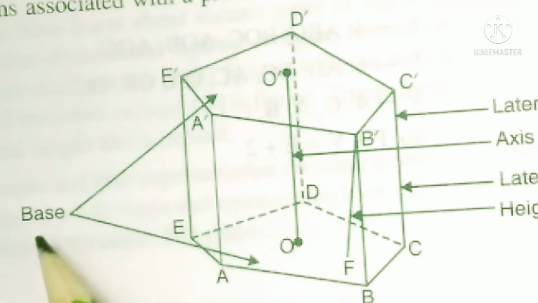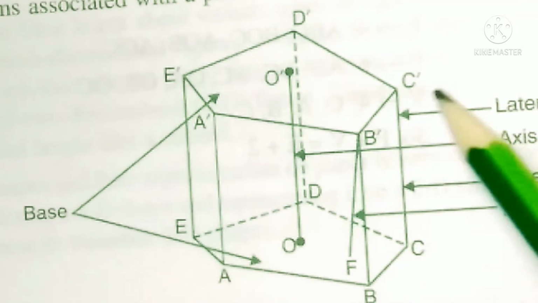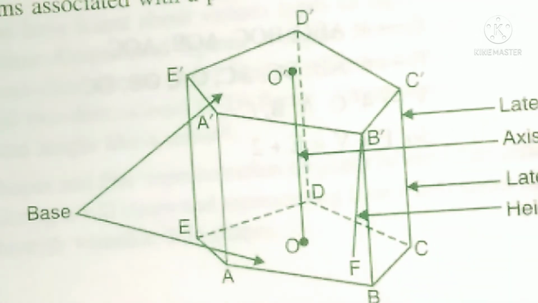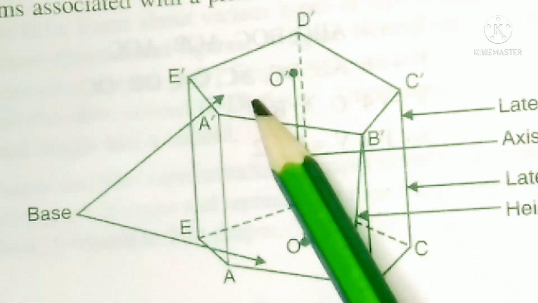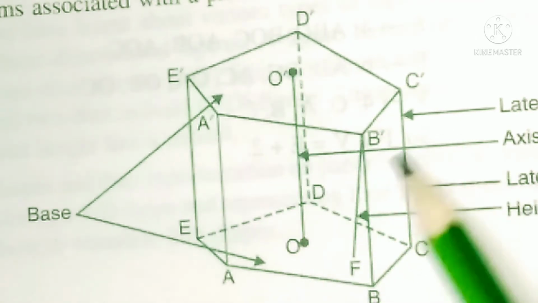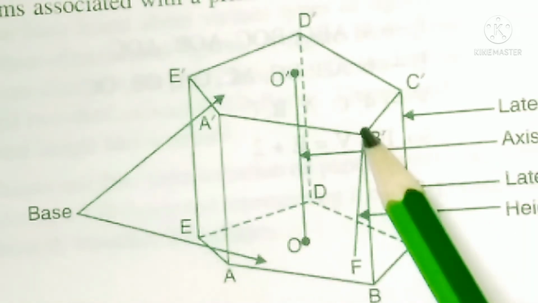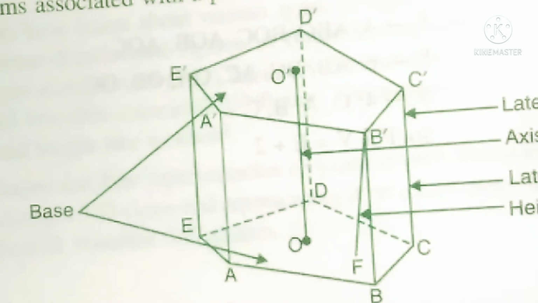These two sides are called base or end. Now see here, these sides are called lateral faces. Depending upon the number of sides of the base, that many lateral faces will be there. So a pentagonal prism will have 5 lateral faces.